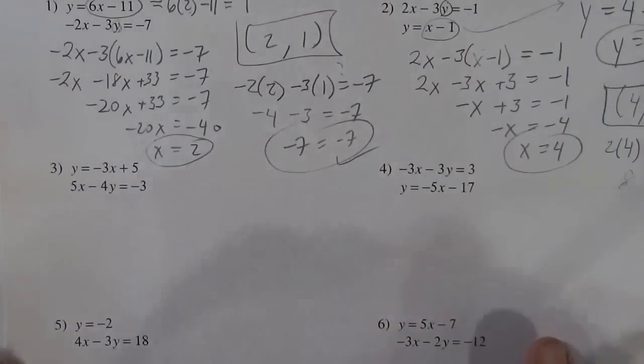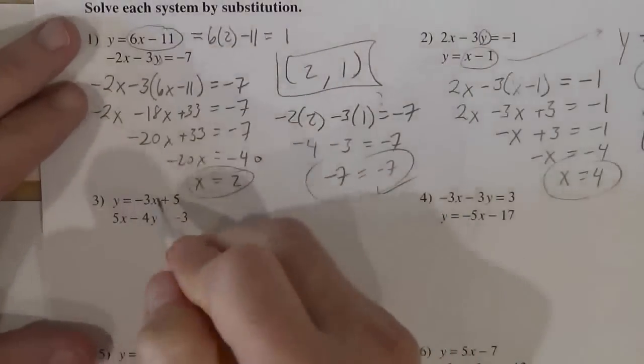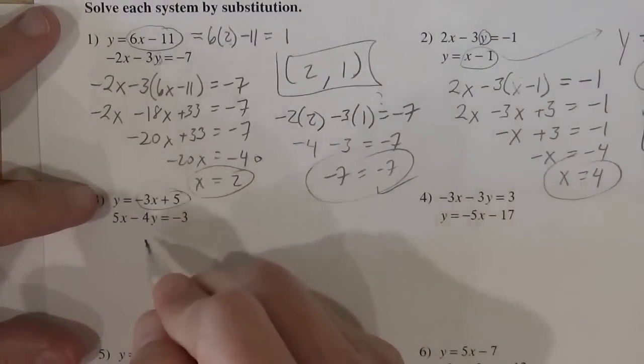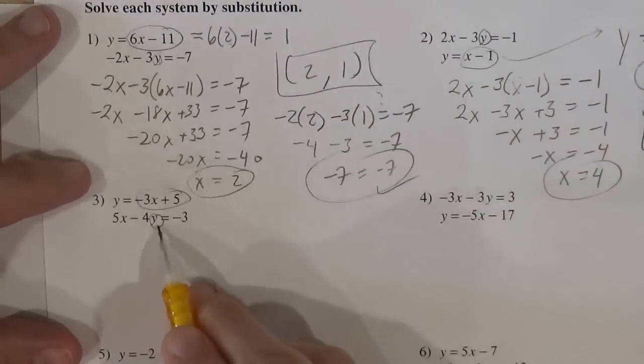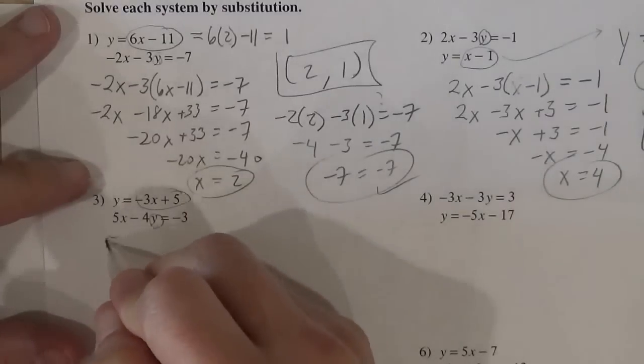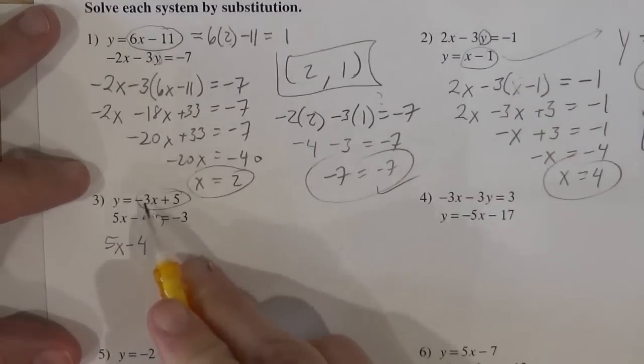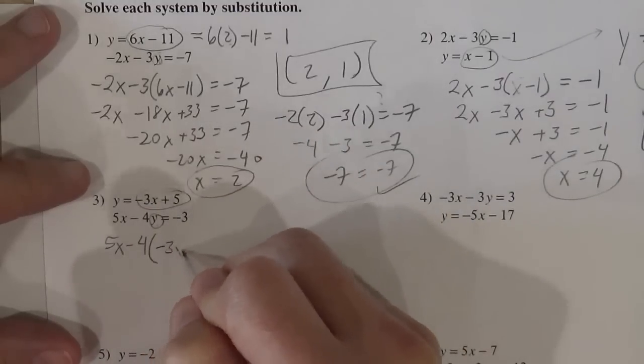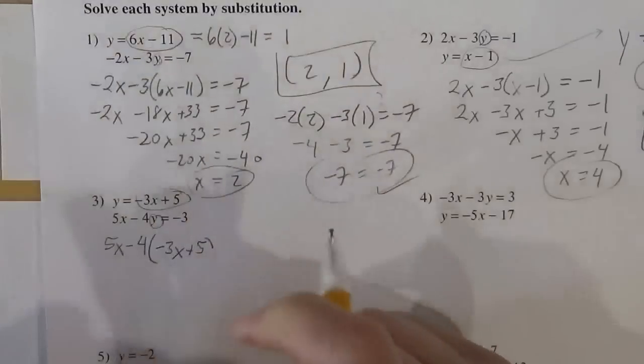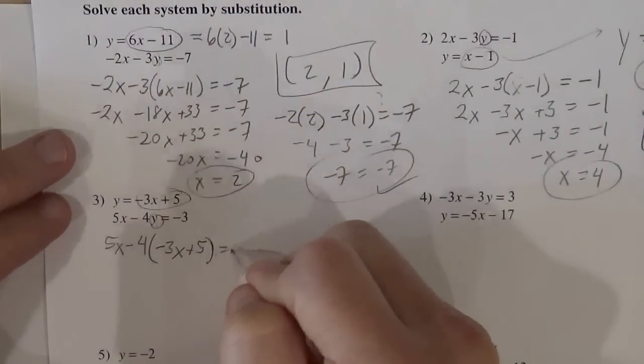Let's do it one more time. So the y equals this guy here. So I'm going to substitute the y in this with what it equals. So it's 5x minus 4, and instead of writing y, I'm going to replace the y with what that equals. I'm going to substitute that in.